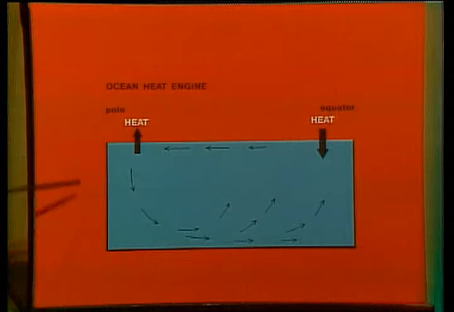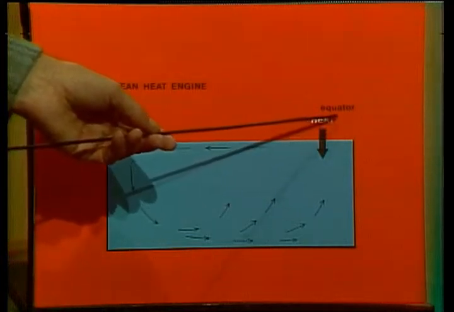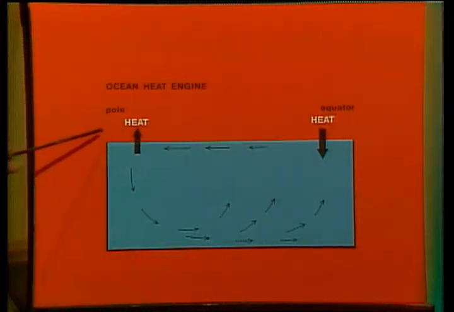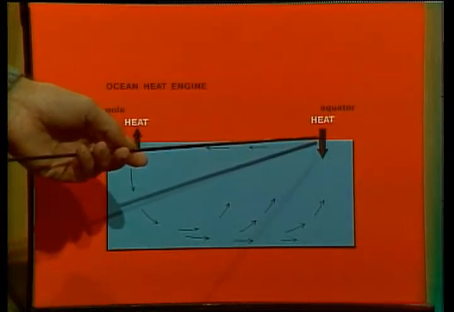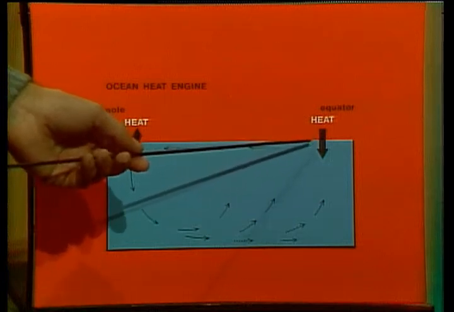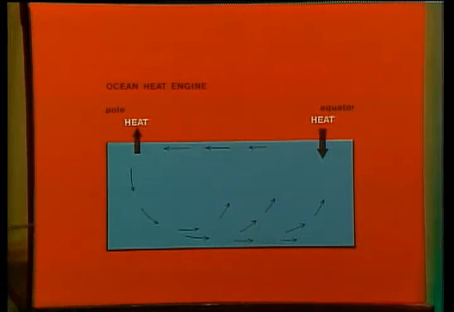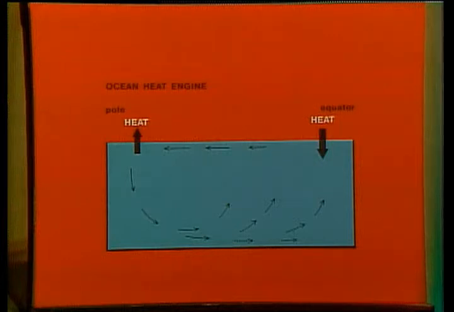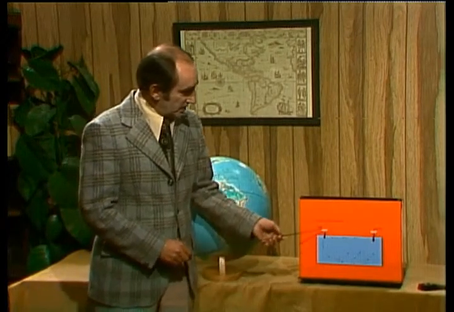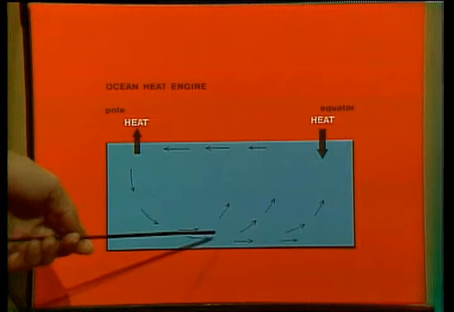This is a diagram with the equator on the left and the pole on the right, and the ocean absorbs heat near the equator, which causes the surface waters to be warm. At the poles, heat is extracted from the ocean, and therefore the water becomes colder, and as you know, colder water is more dense.